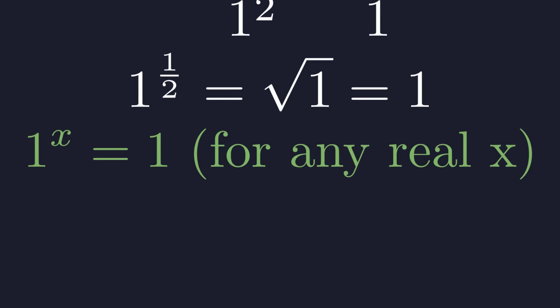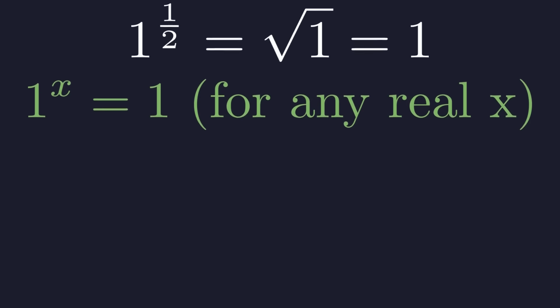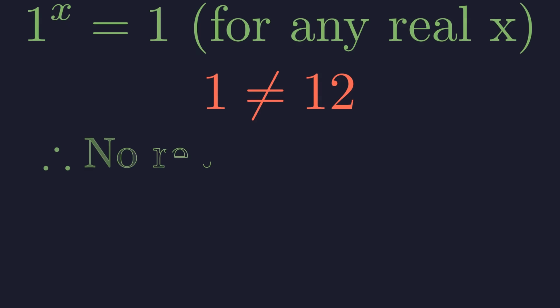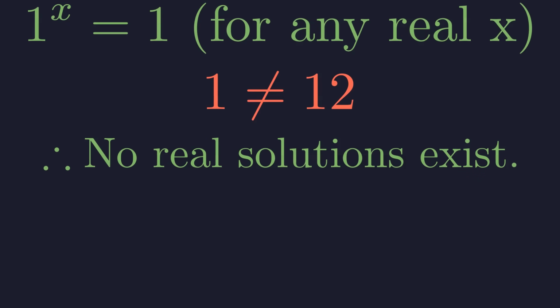This is because 1 is the multiplicative identity. It doesn't change anything when you multiply by it. And since 1 is definitely not equal to 12, we've got what seems like a fundamental contradiction. So there are no solutions for x anywhere on the real number line. But here's the thing. This isn't the end of our story.